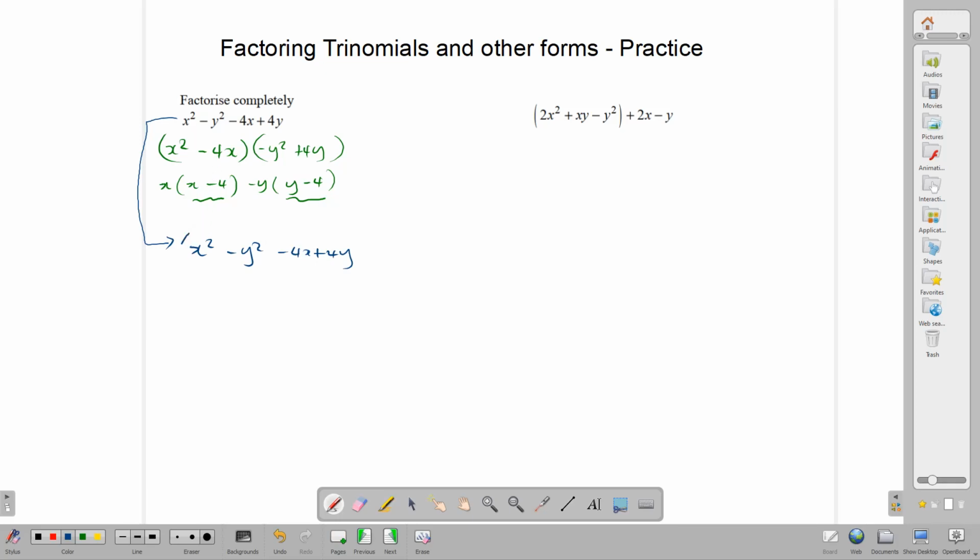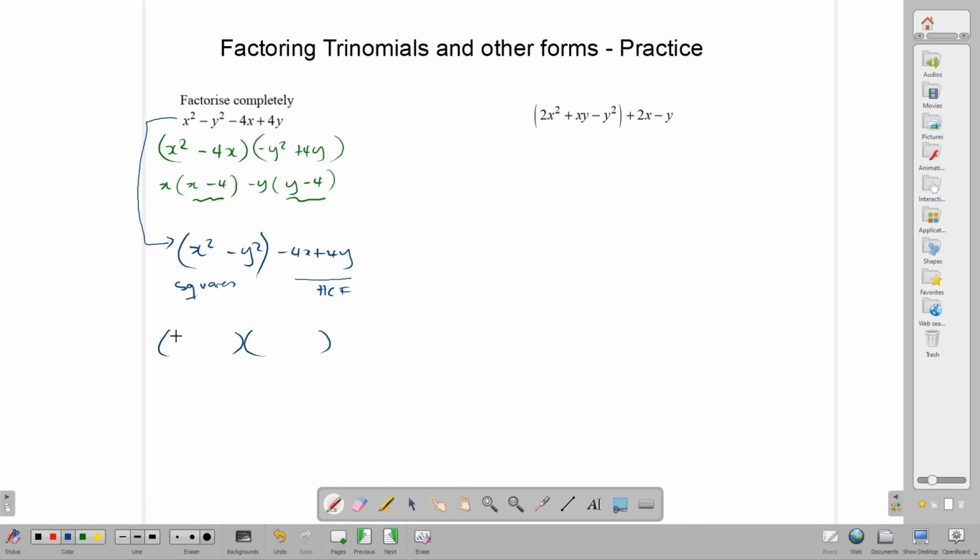Instead, we must split this question into two parts. This part, which is the difference of two squares, and this part using the HCF. Factorizing this section using the difference of two squares, we end up with opening two brackets.